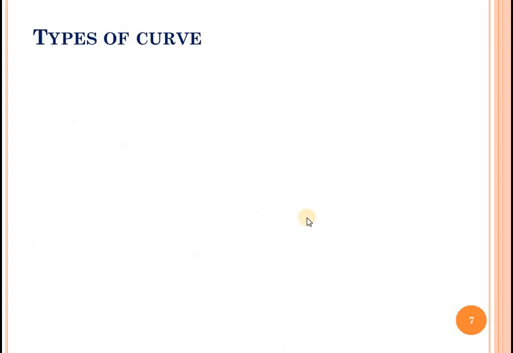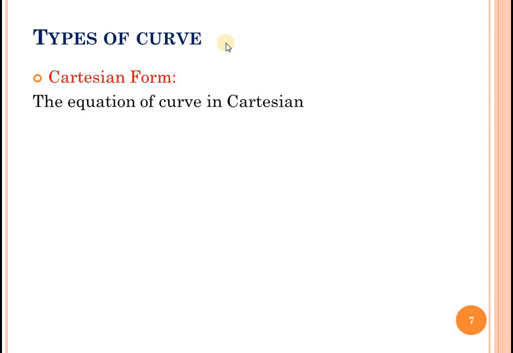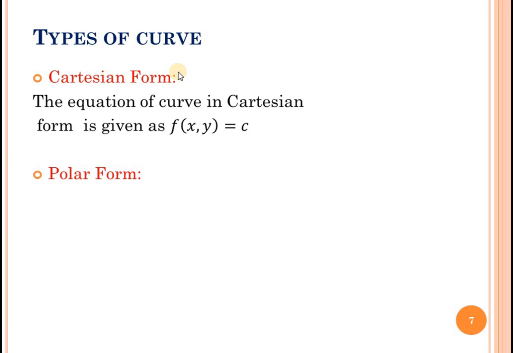Okay. Now there are three types of equations, and by using them we trace the curve. So first is the Cartesian curve. We know in the Cartesian curve, the equation of the curve is given as a function of x comma y. Normally it is given as f(x, y) = c. Then it is the Cartesian form of equation.